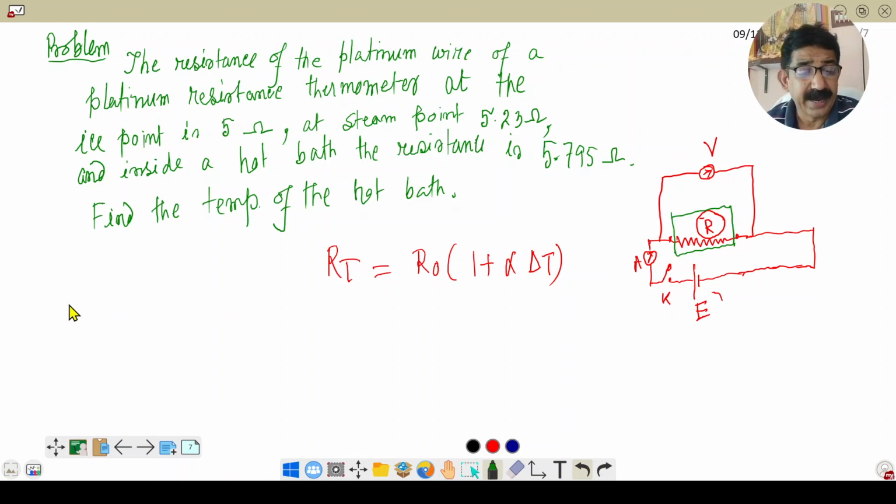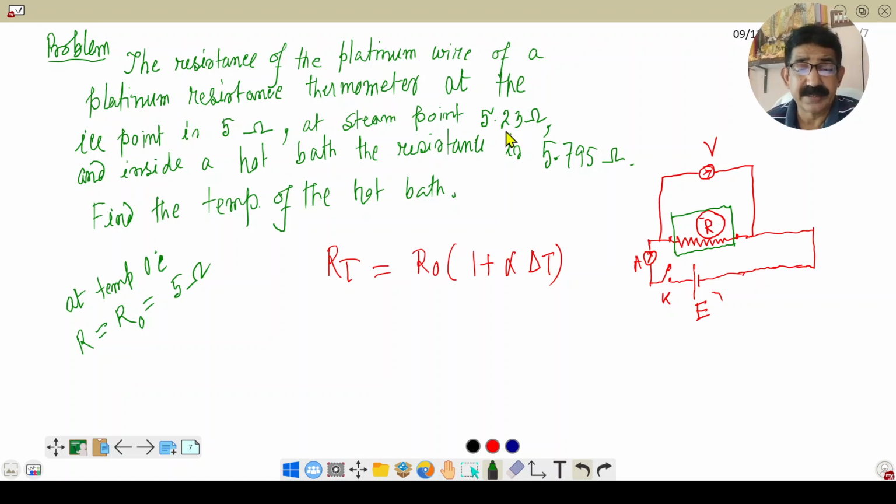That means at temperature 0 degree centigrade, R is equal to R0, which is 5 ohm.